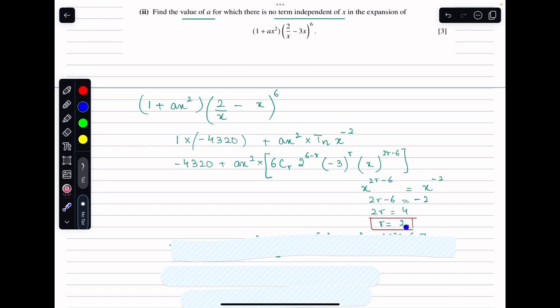So if r equals 2, then for this expansion here, it has to be the third term. I should simply be substituting r as 2 here.